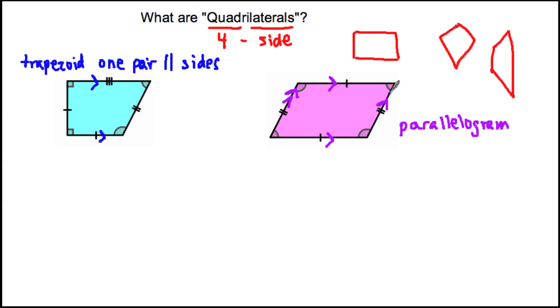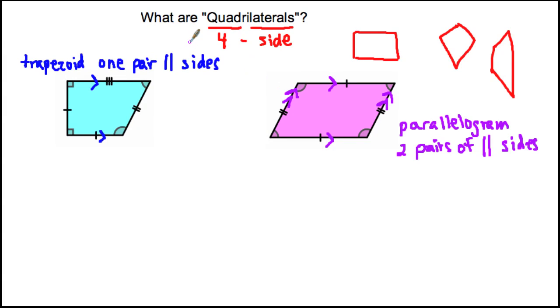Just like we use those little tick marks for length and those little angle marks for angles, those mean that they're parallel. And so these have 2 pairs of parallel sides. Most types of quadrilaterals that we're going to look at end up as being either a trapezoid or a parallelogram.